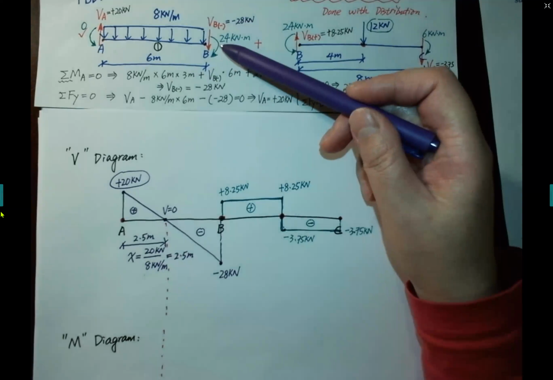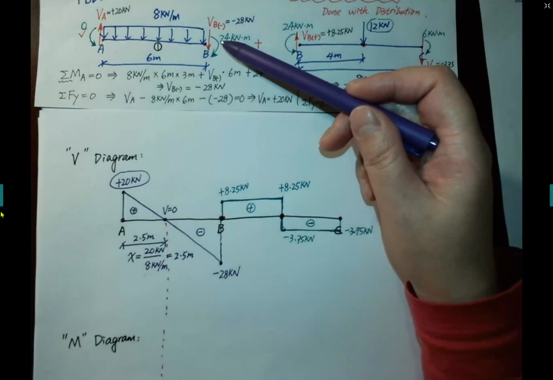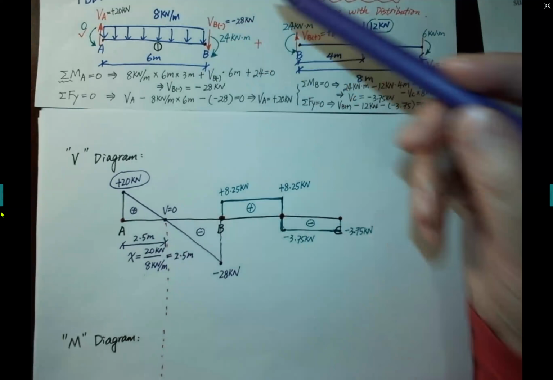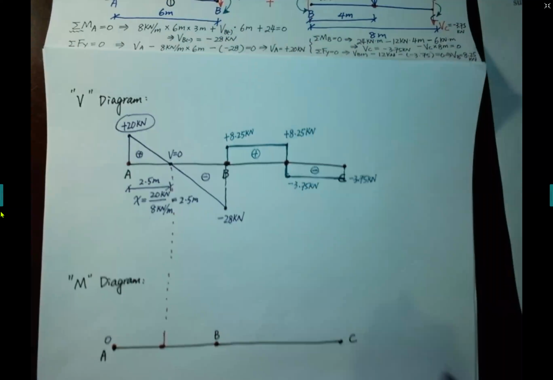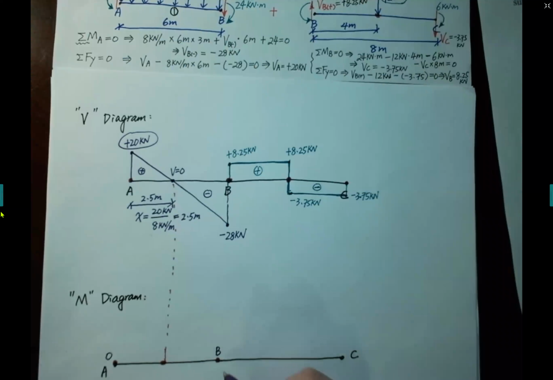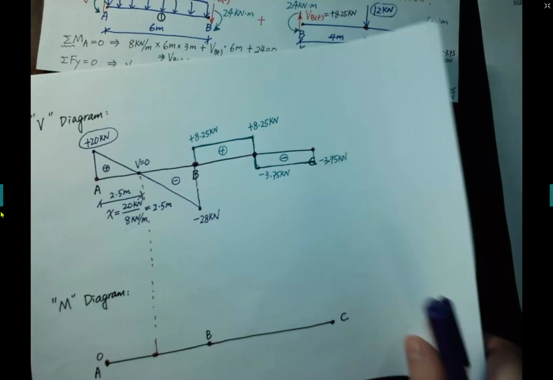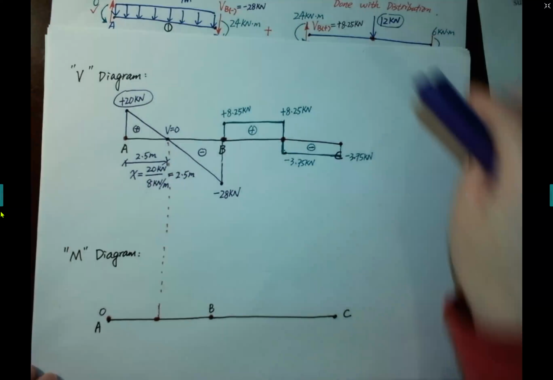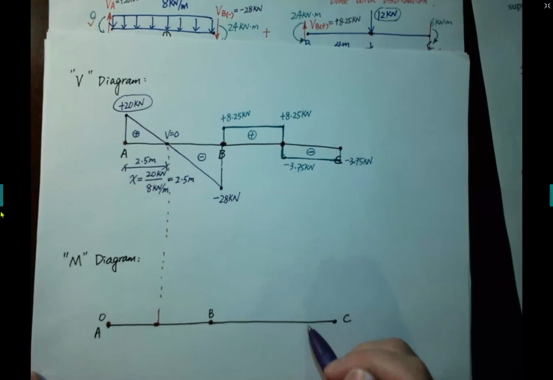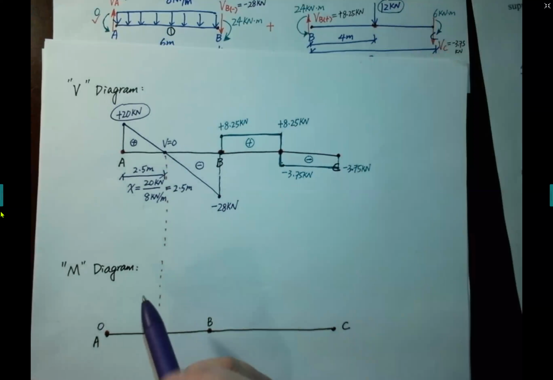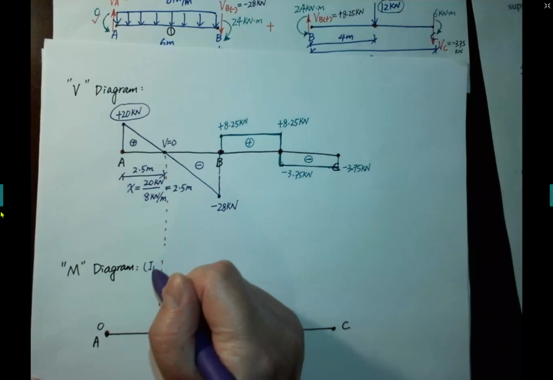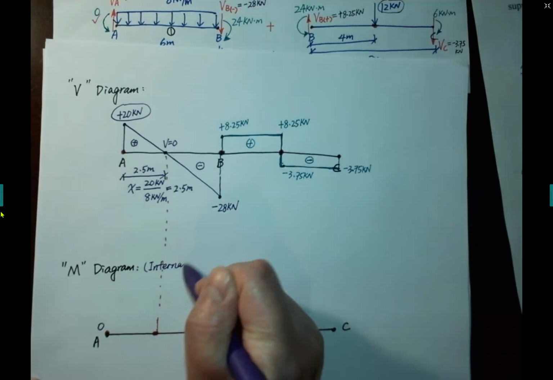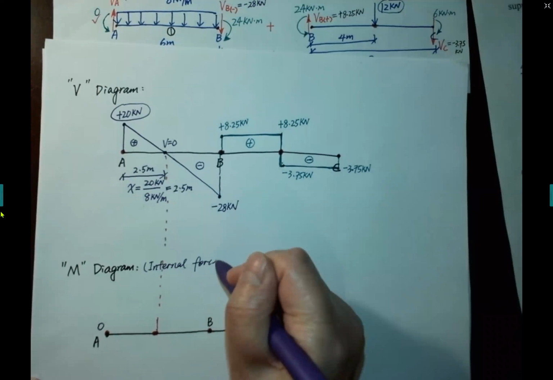According to the direction, this 24 is top in tension, which means based on the internal moment sign convention, it should be a negative moment at B. So when we draw the moment diagram, it follows the internal force sign convention.